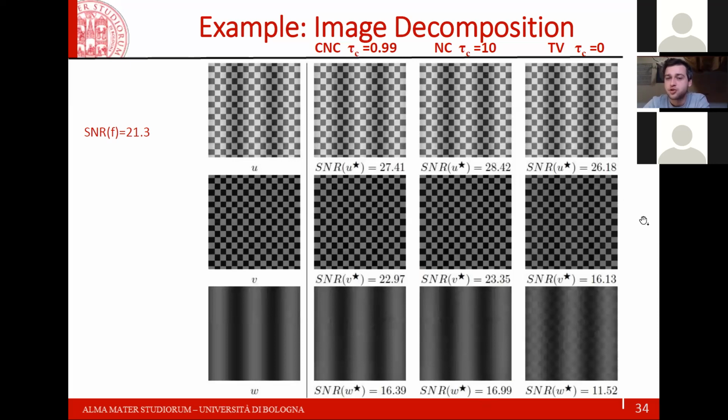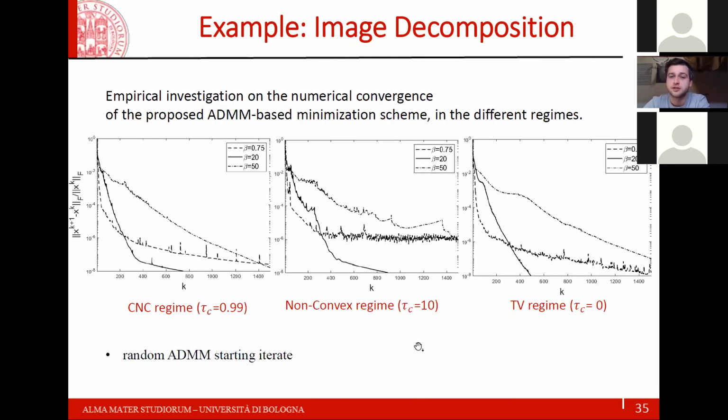Therefore, we are not sure about the convergence. Empirically, for the convex non-convex regime, the convergence can be seen, while for the non-convex regime, the convergence sort of depends on the Lagrangian parameter beta.